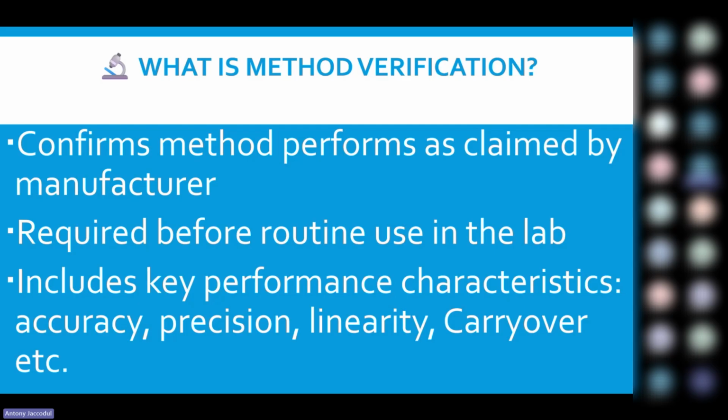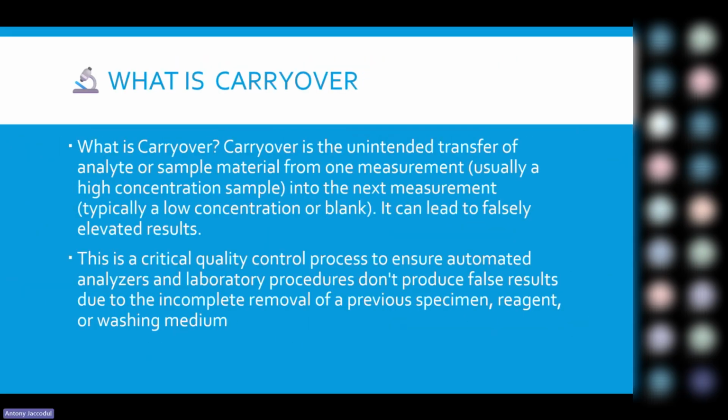This can be exemplified by looking at various characteristics: accuracy, precision, linearity, carryover, robustness and ruggedness, and many others. For the purposes of the webinar today, we're going to concentrate on carryover tests, or what is carryover.